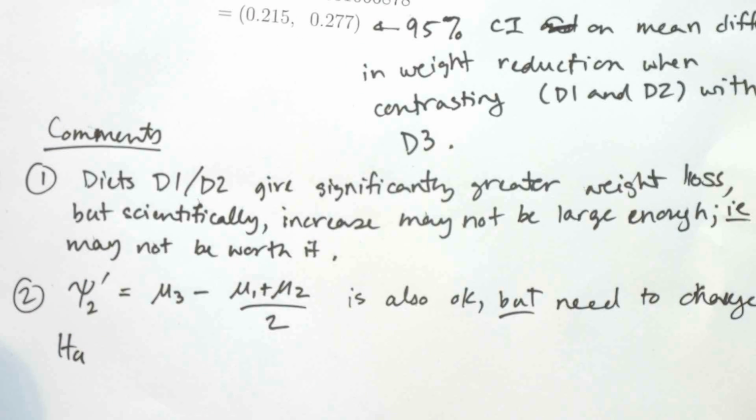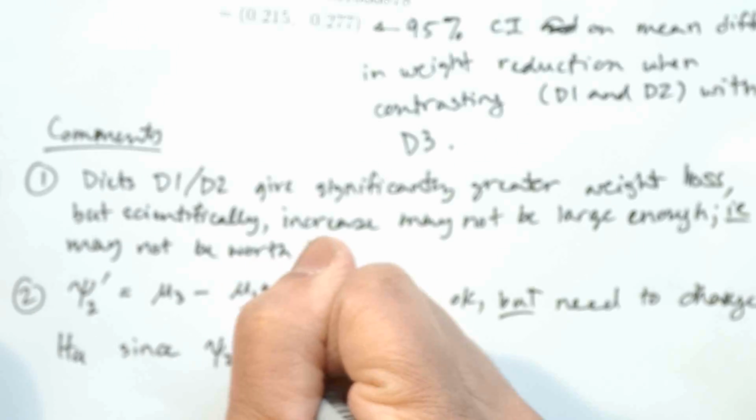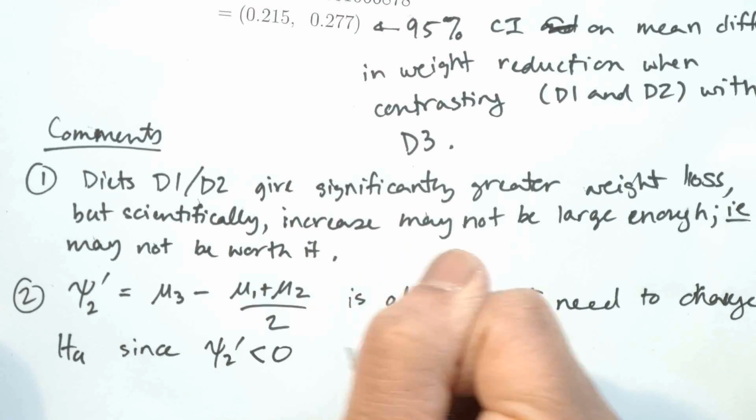The main reason is that when diets D1 and D2 are better, then psi 2 prime would be less than 0.